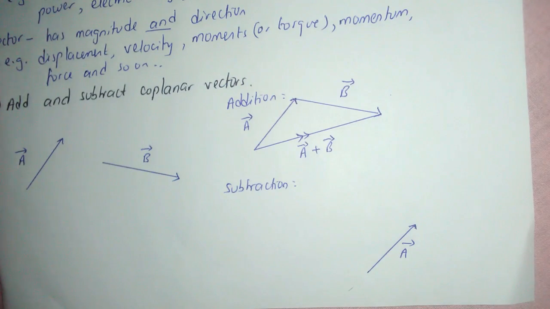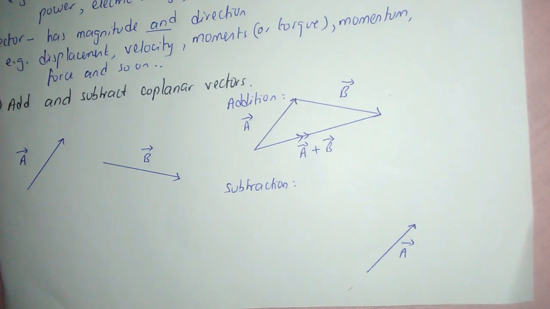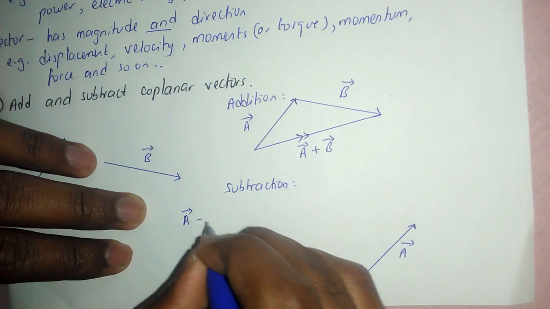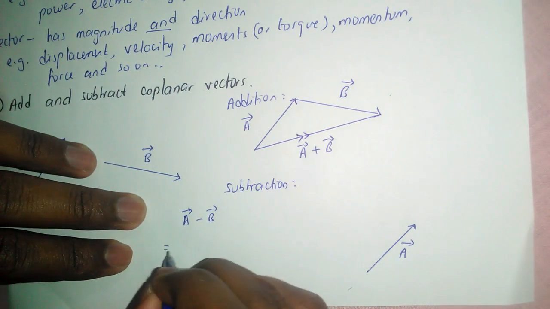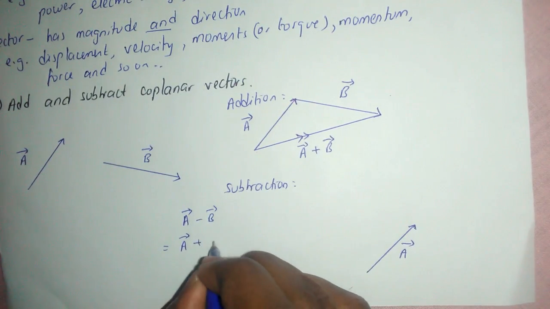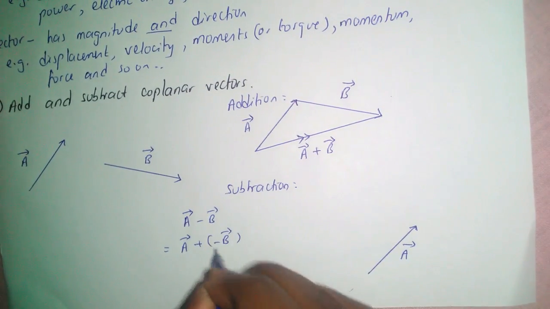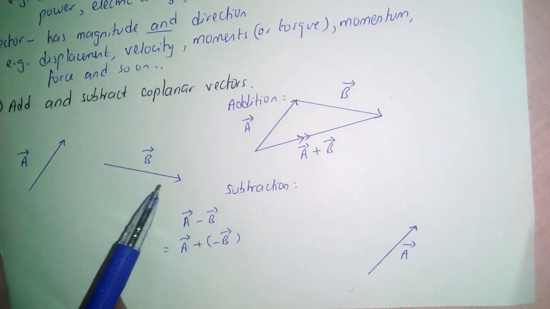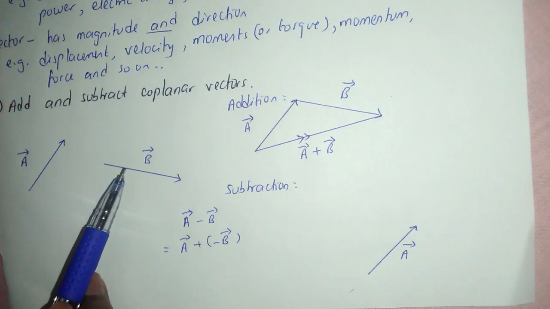Okay, so now let's talk about subtraction of vectors, and I'm going to do A minus B. So when I'm doing A minus B, it's actually doing A plus minus B. So this minus B shows that the direction of the vector is reversed.